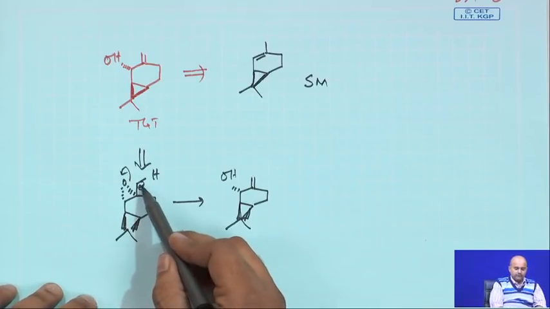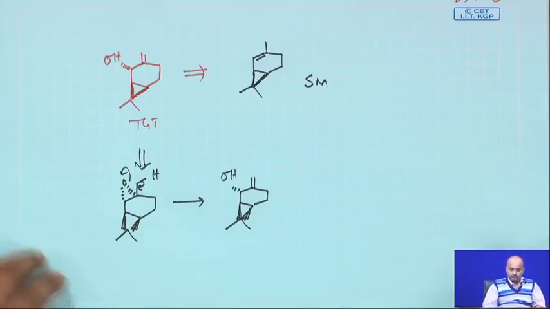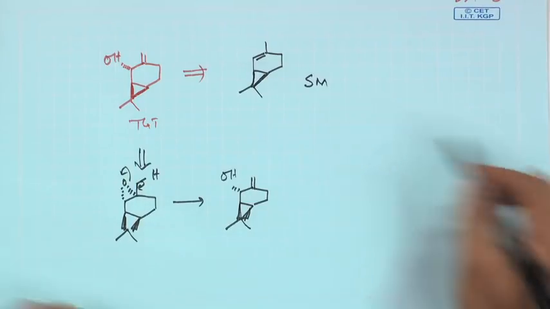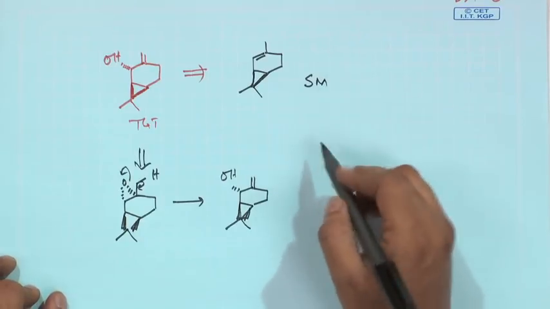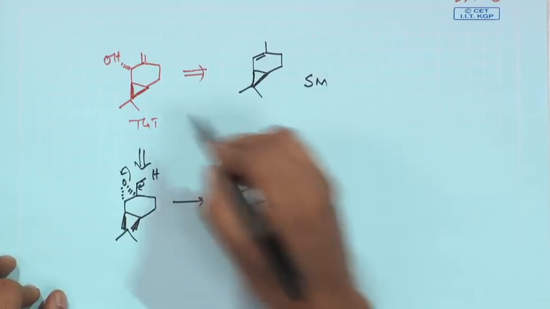Eventually this abstraction of the hydrogen seems to be a bit difficult, but there are ways to do it. So, now we will try to figure out how the synthesis can be carried out.